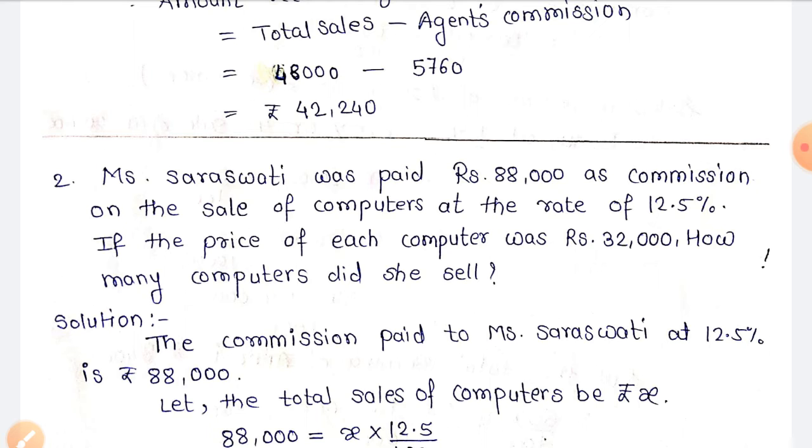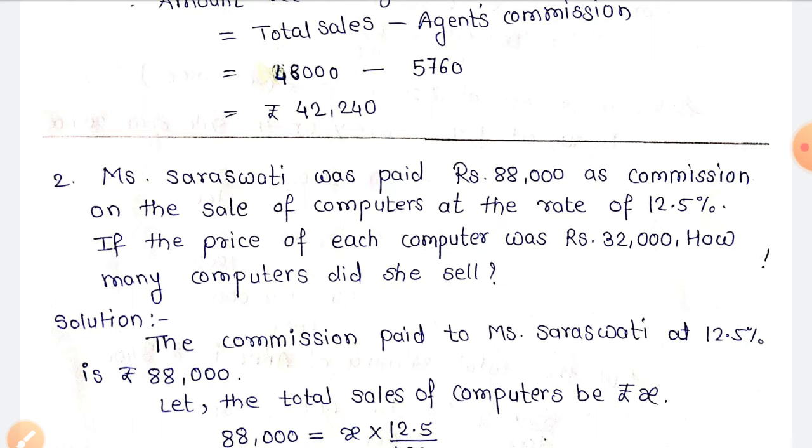If the price of each computer was 32,000, how many computers did she sell? If Saraswati gets 88,000 as a commission at the rate of 12.5%, and each computer price is 32,000, what we want to find out is the number of computers she sold.